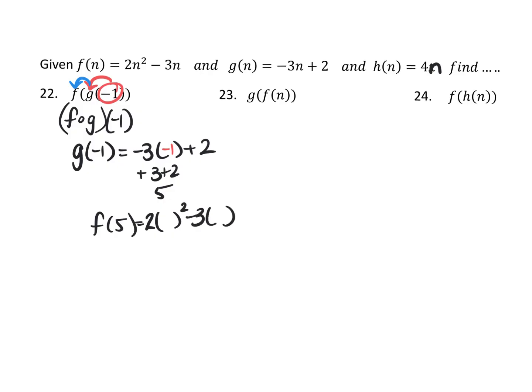And I'm going to put 5 in for the n in both of those. Remember to do your exponent before you multiply. 25 times 2 is 50 minus 15 is 35. So f of g of -1 equals 35.